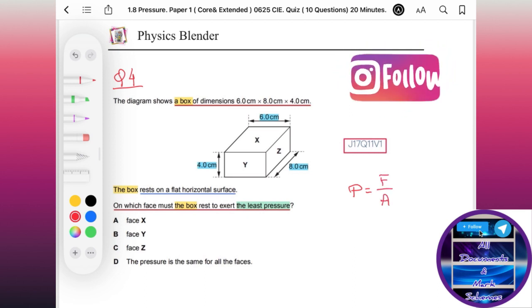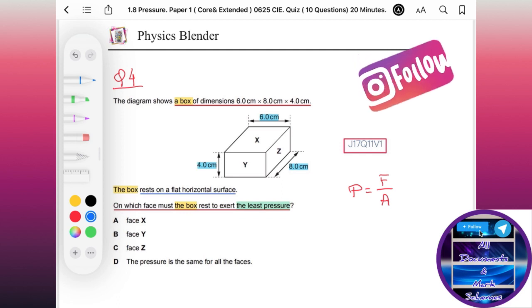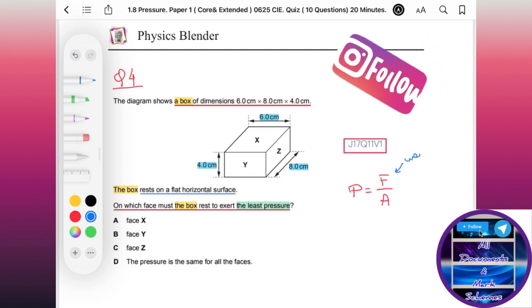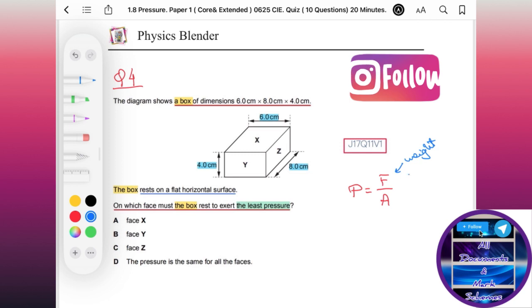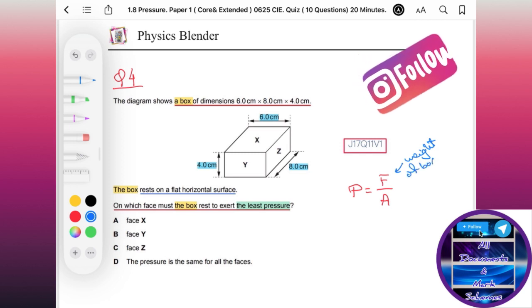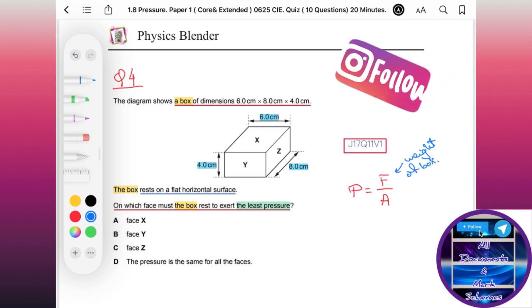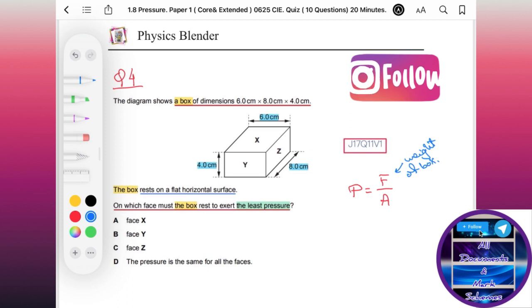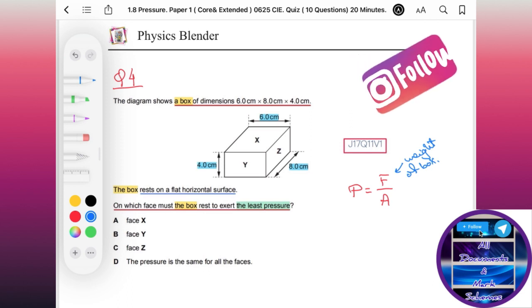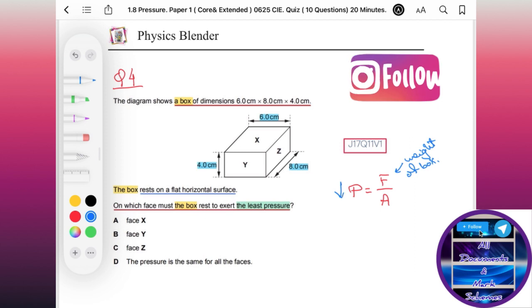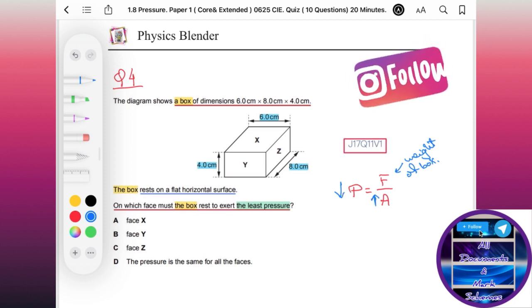Also here the force is exerted due to the weight of the box. Contact area and pressure are inversely proportional. Least pressure means the area of contact should be greatest.